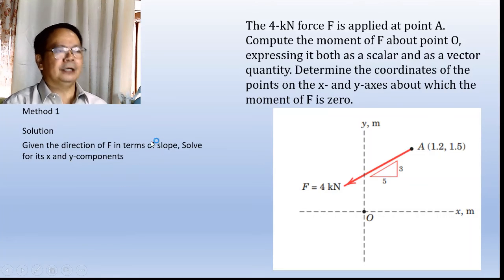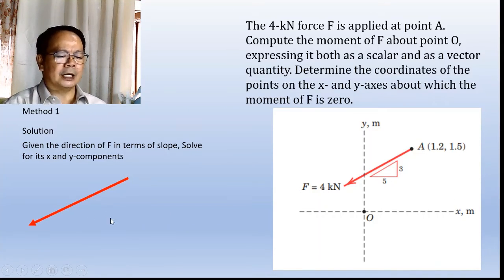Using a vector approach, given the direction of F in terms of the slope, we now solve for the x and y components. Let us show this F here, where its magnitude is 4 kN and it has a slope of 3 vertical and 5 horizontal.